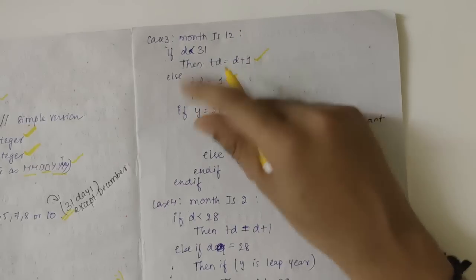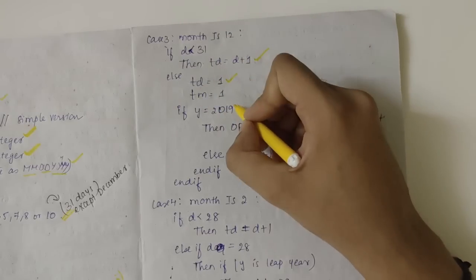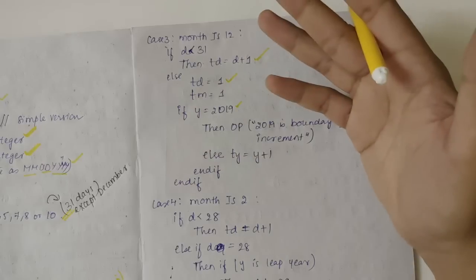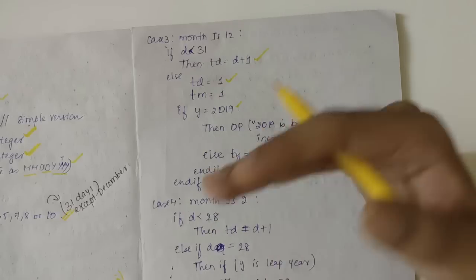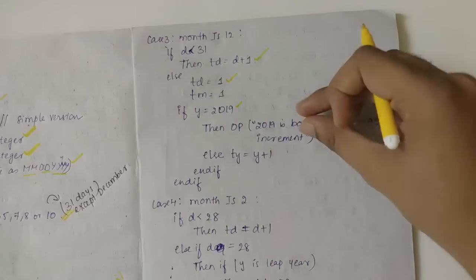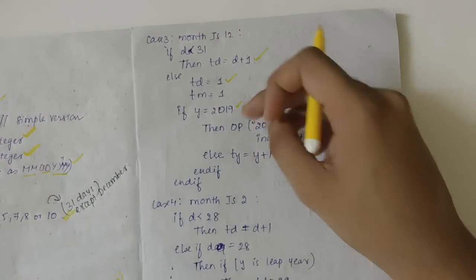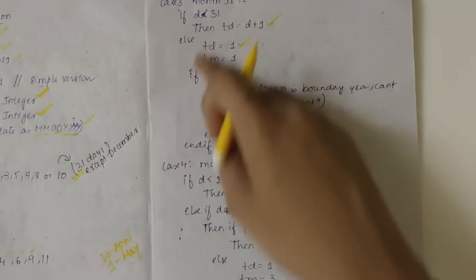So that is T of D is equal to 1, T of M is equal to 1. And now, if Y is equal to 2019, we have to give output as 2019 is a boundary year, so we cannot increment further. This was the condition for this part. With these two, even the else part would get executed. That is, T of Y is equal to Y plus 1. The year would also get incremented. Then we are ending this part.